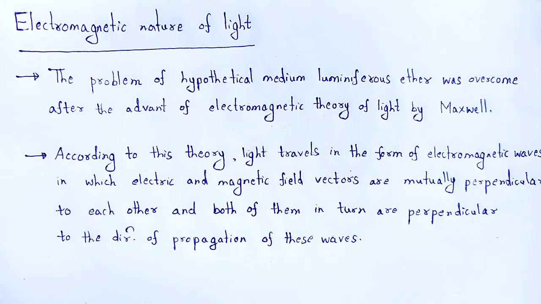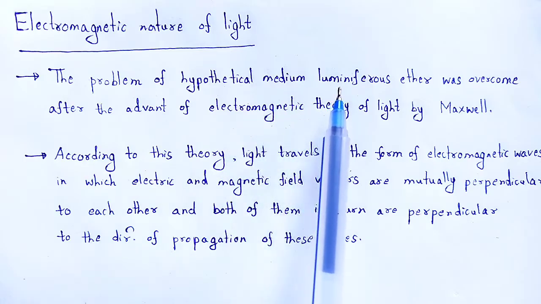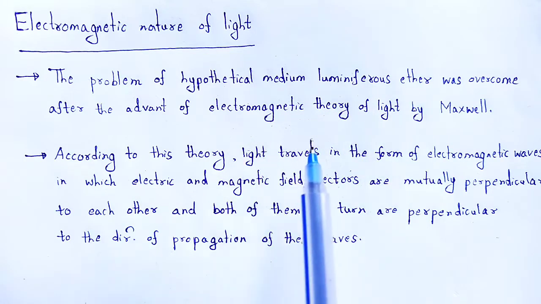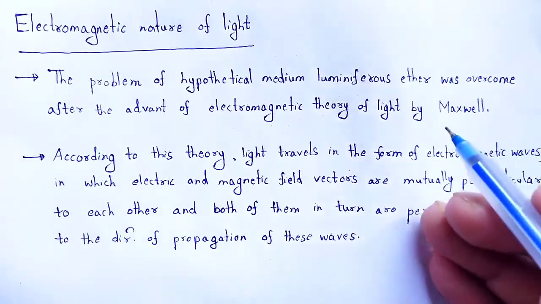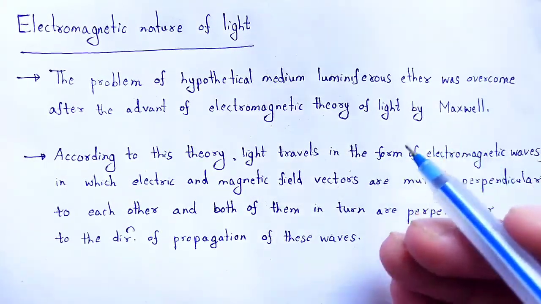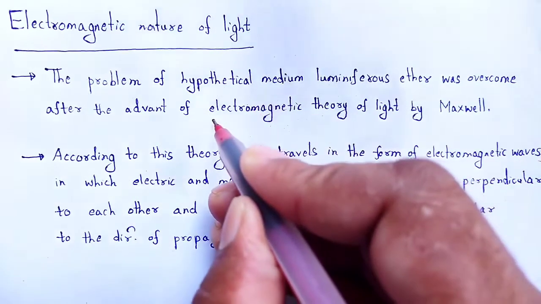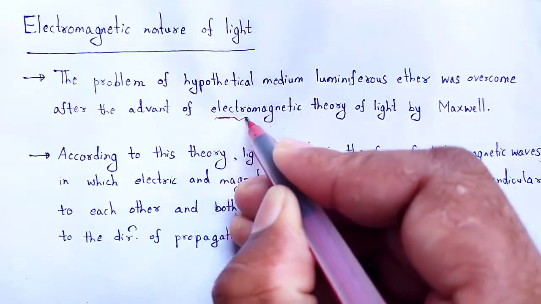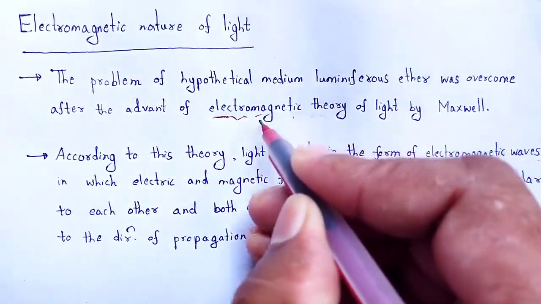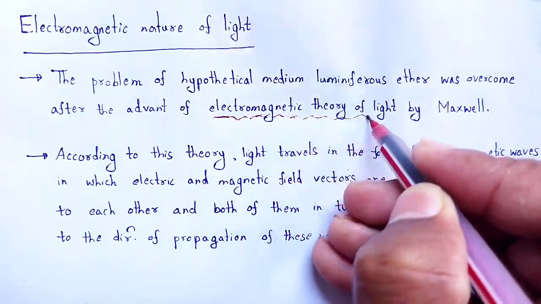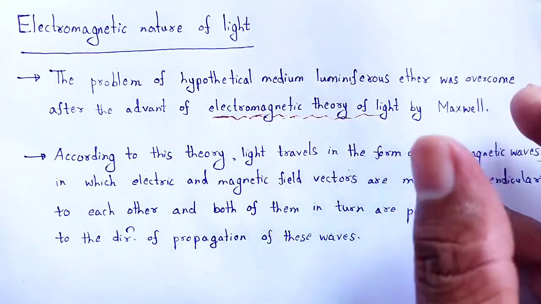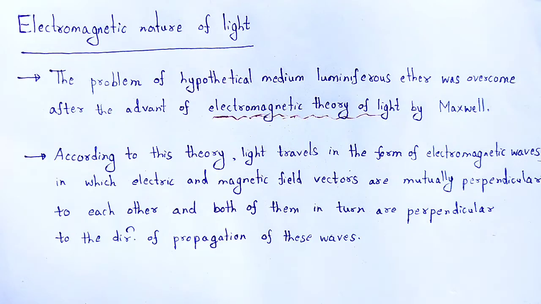To overcome that hypothetical medium known as luminiferous ether, Maxwell came into the picture and introduced a new theory, that is the electromagnetic theory of light. By using the electromagnetic theory of light, we can easily explain various phenomena related to light.